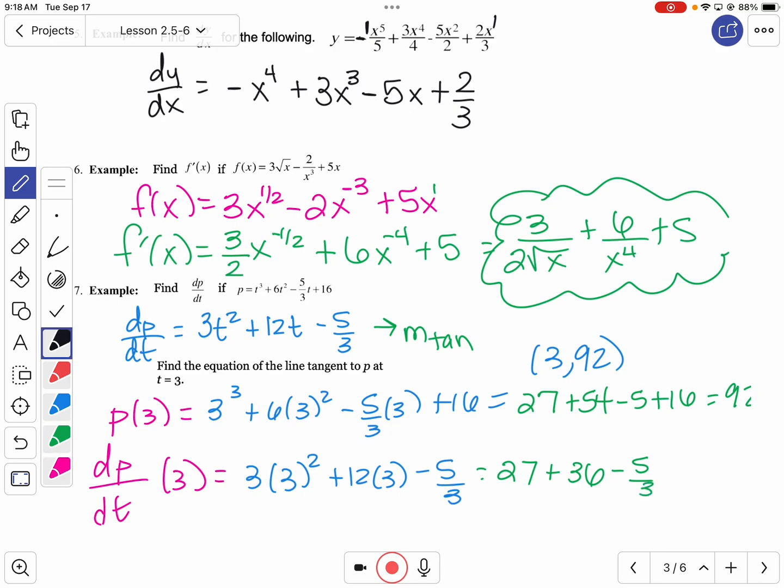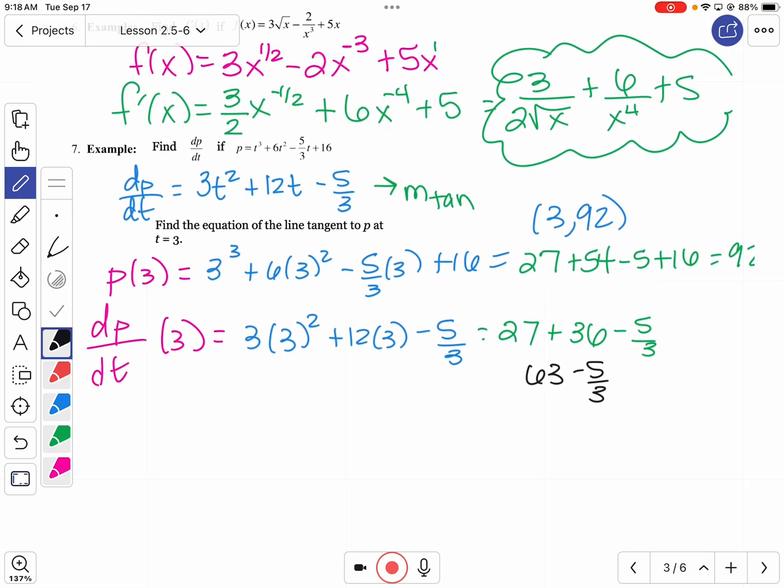Okay. 27 and 36 is going to be 63 minus 5/3. Now, in order to put those together, I got to make that 63 something out of 3. So multiply it by 3. 189 over 3 minus 5 out of 3. And I get 184 over 3.